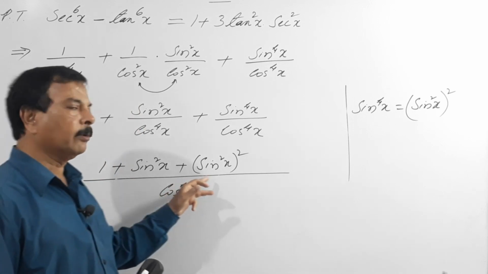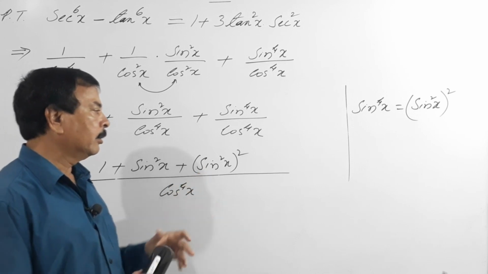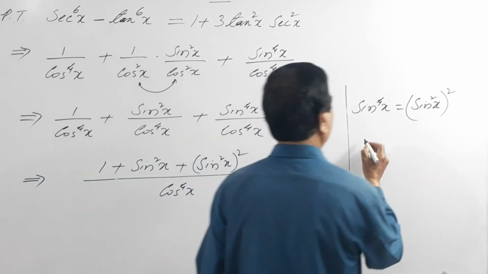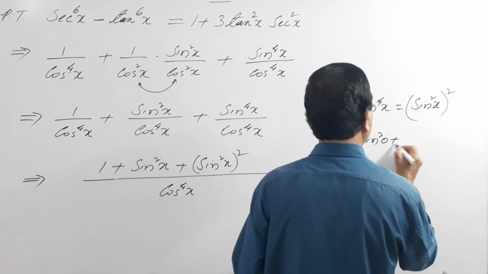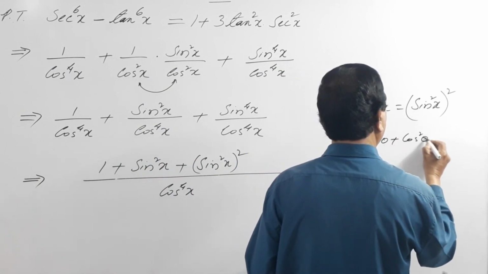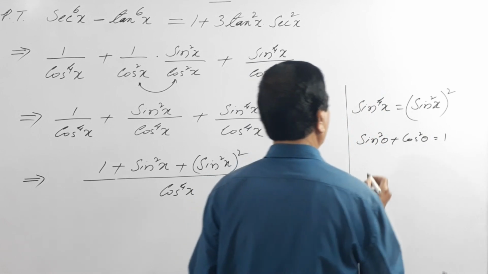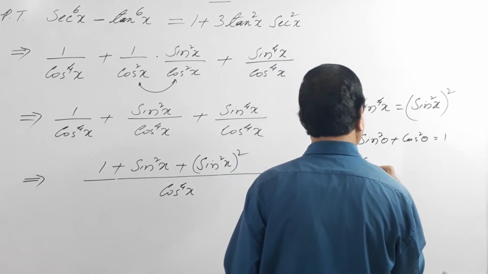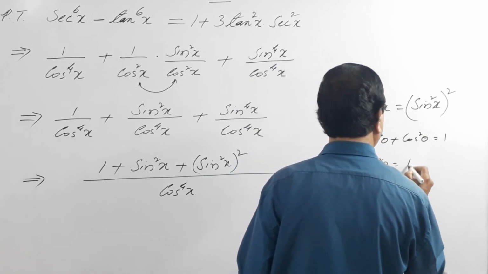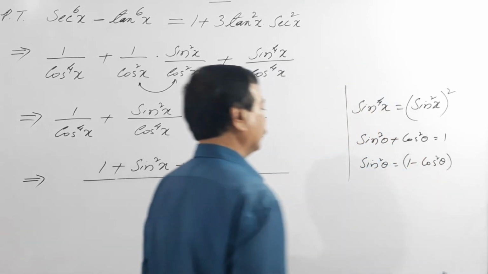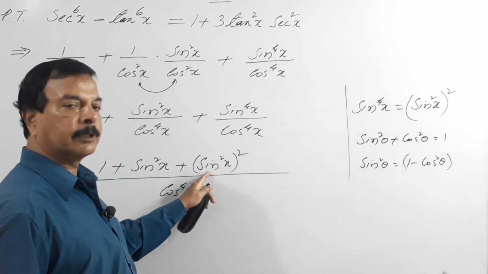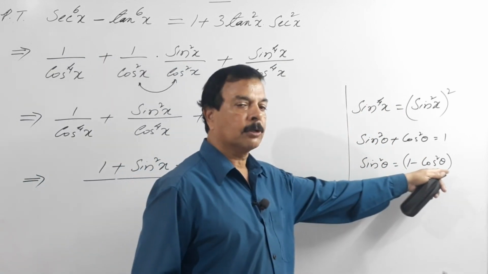So now what I will do, अब क्या करूँगा? We know that sin square theta plus cos square theta equals 1, or sin square theta will be 1 minus cos square theta. So I will substitute sin square theta by 1 minus cos square theta.